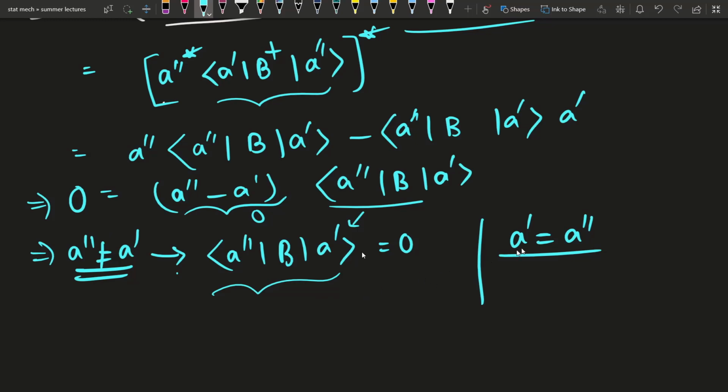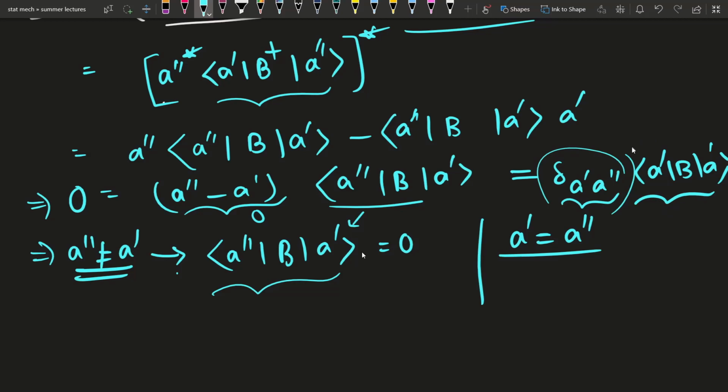So this means that we can write a notation like this: the Kronecker delta of A prime and A double prime, and this thing. This gives us all the diagonal elements, and this shows us that only the diagonal elements will be present there.